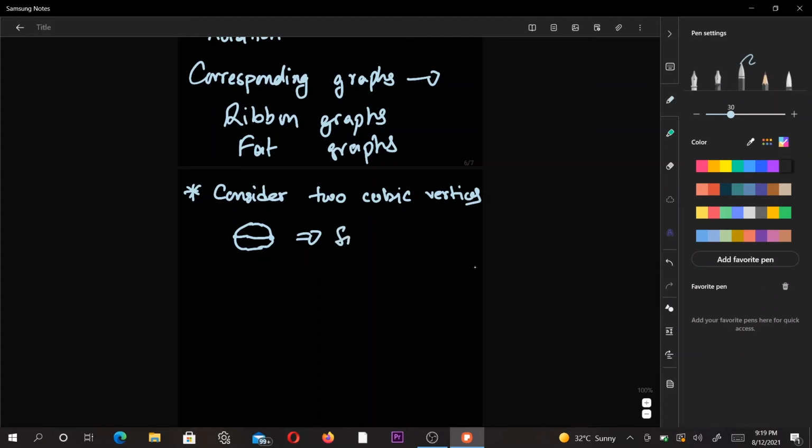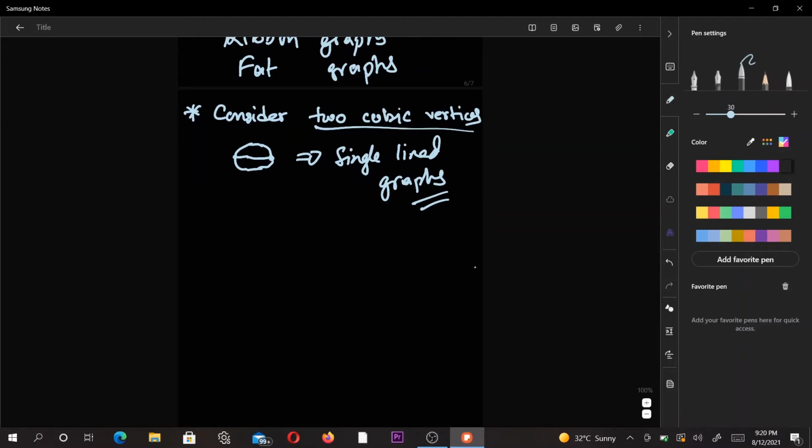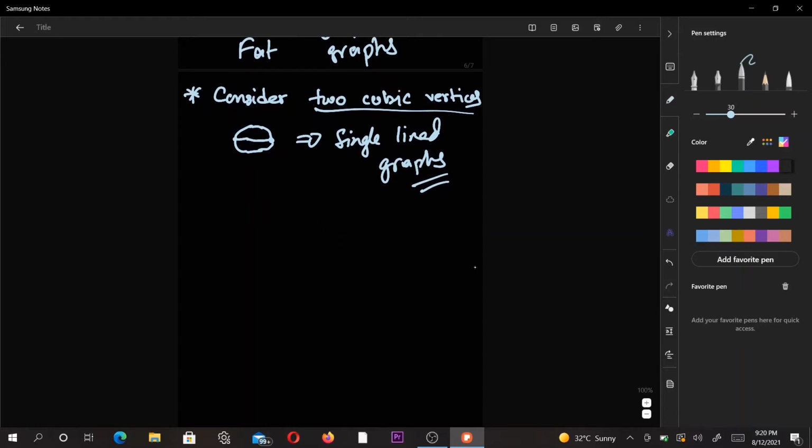Let's say single line graphs or simple graphs, as opposed to fat graphs. So two cubic vertices correspond to this, and let's see how things span out in double line notation.